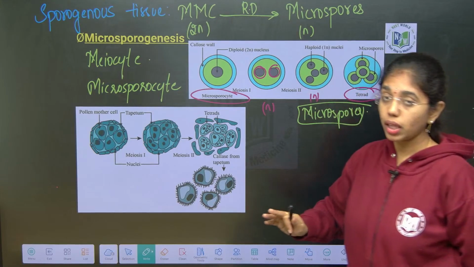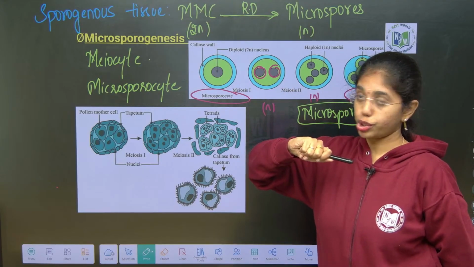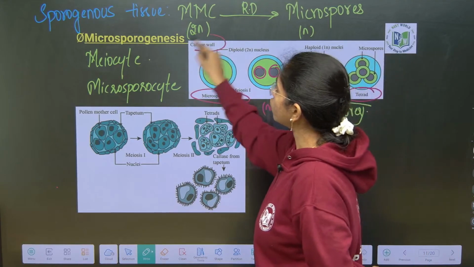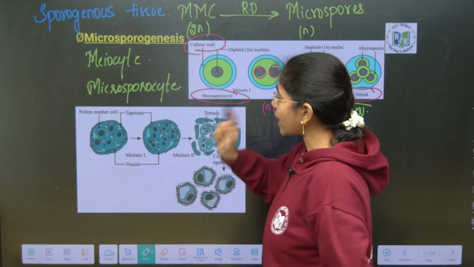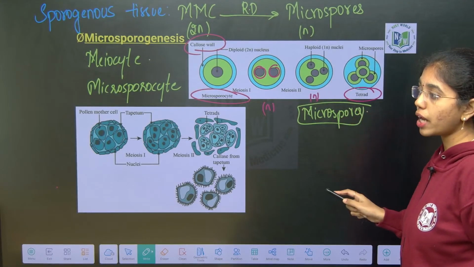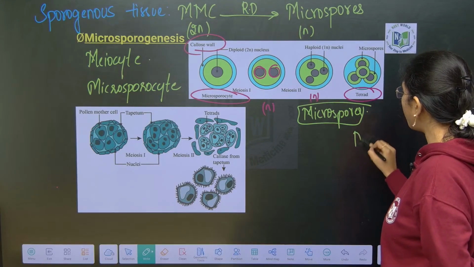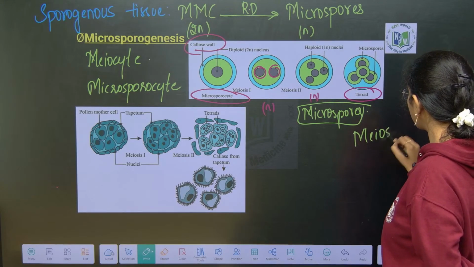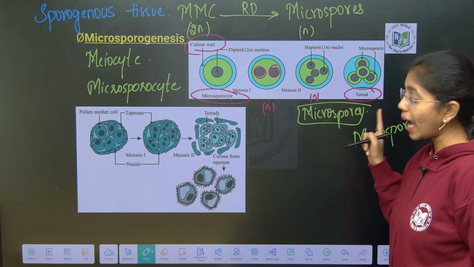And remember one thing, each microspore mother cell present inside the sporogenous tissue will have a callose wall over it. It is encased by the callose wall. Once the complete meiotic division is over and microspores are formed, the daughter cells of meiosis are also known as meiospores or microspores, which are haploid.